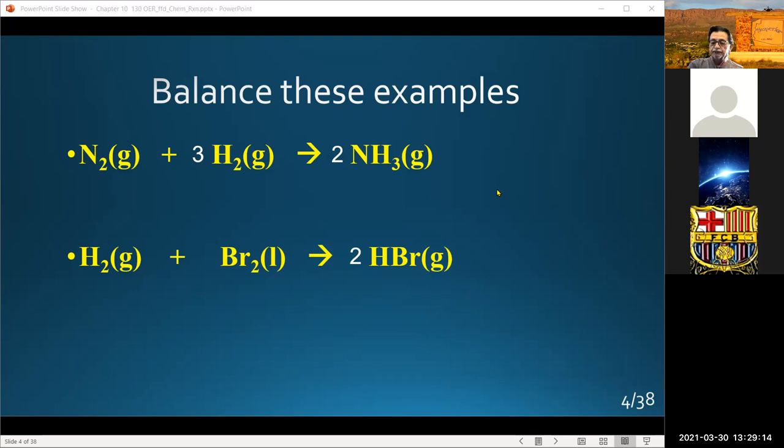Everybody's balanced. And then I recognize my ratio between hydrogen and bromine. It's a 1 to 1. Between hydrogen and HBr is a 1 to 2. Between bromine and HBr is a 1 to 2. Okay. All right. There we go.